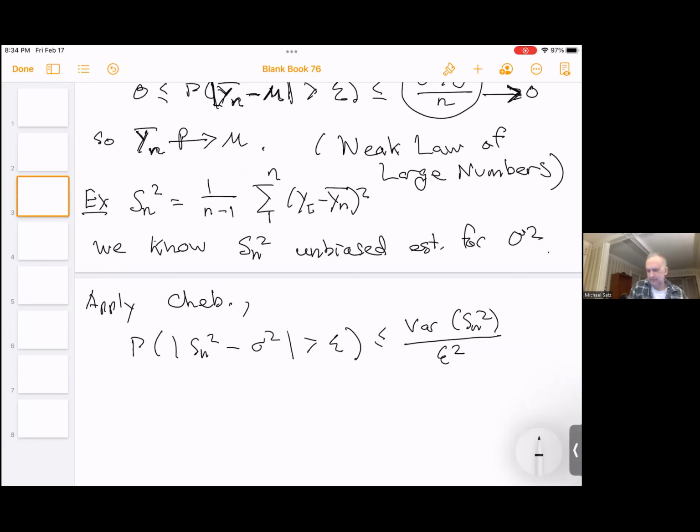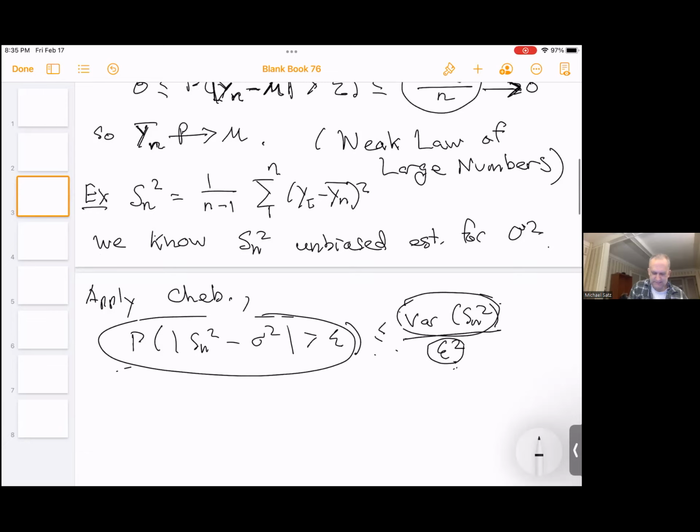And so this is true, right? And as long as this variance goes to 0, since epsilon squared might be a small number, very small, but as long as the variance goes to 0 with n, this will go to 0. And again, the same sandwich theorem or squeeze theorem will show that this limit goes to 0.